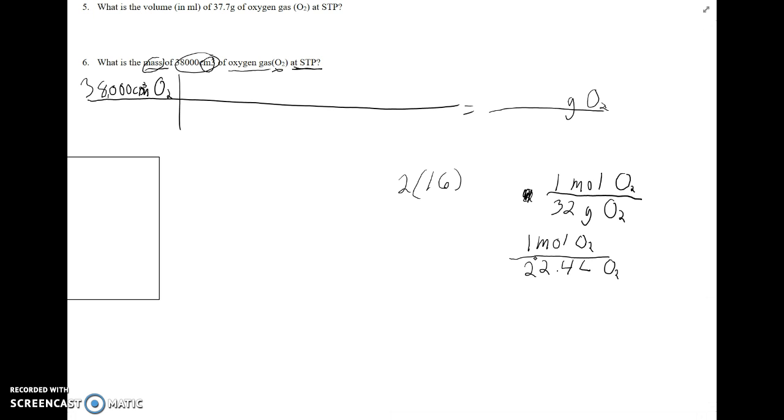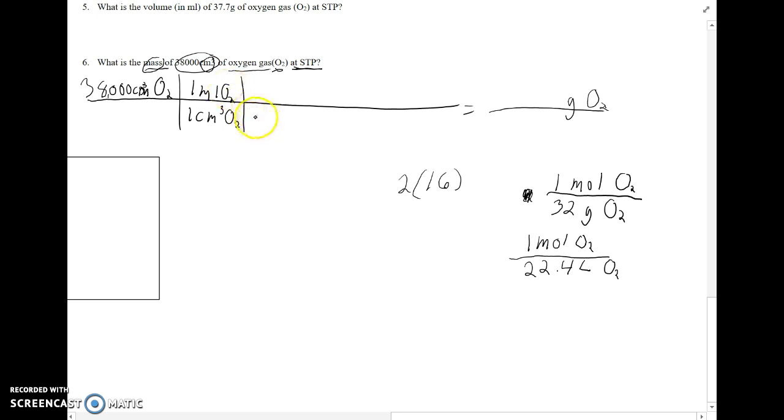But when I look at my starting point, I have centimeters cubed. I can't plug either one of these in here, so I'm going to have to get from centimeters cubed to liters. So I will begin that process now, and I know that 1 centimeter cubed is equal to 1 milliliter of oxygen gas. And this just goes back to what we learned in the metric system.